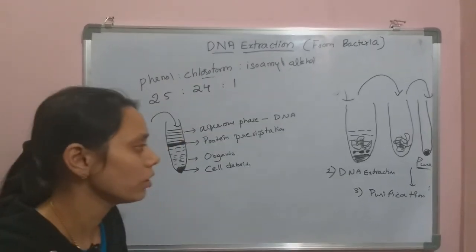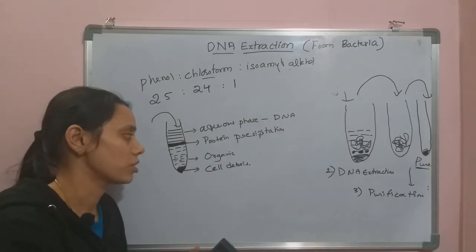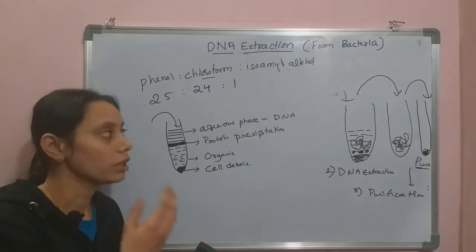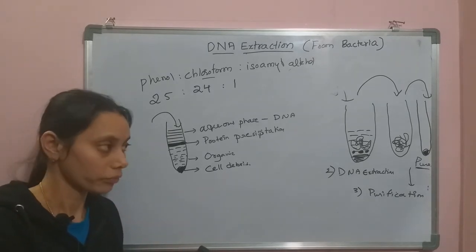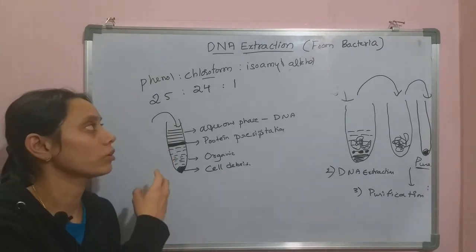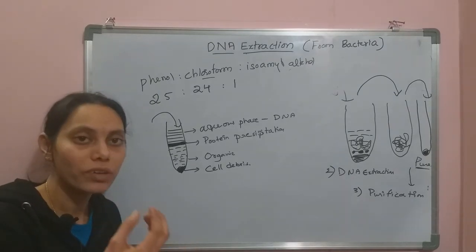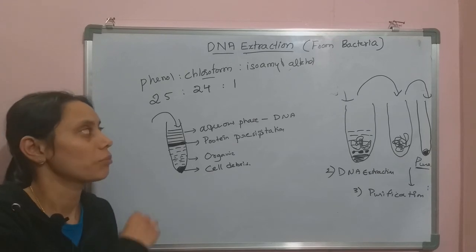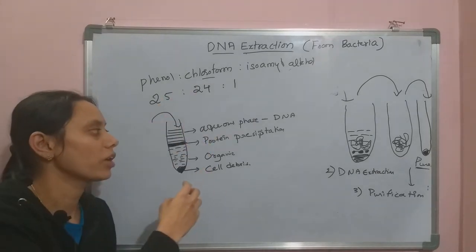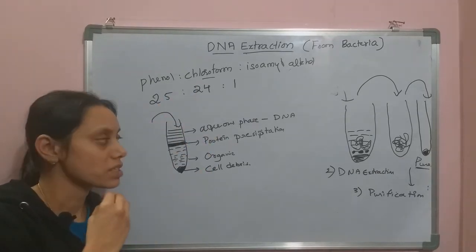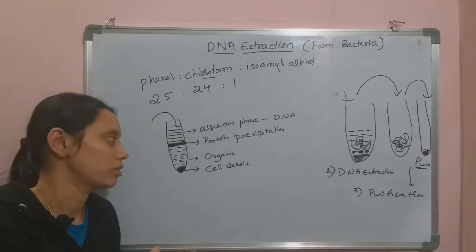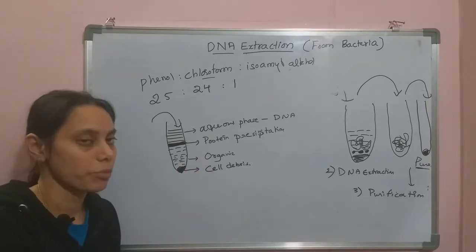And coming to the last process, that is purification. Once we treat our cells with phenol, chloroform and isoamyl alcohol, already we have cell lysis in the previous step, and during this step we are going to have the separation of biomolecules. Even the DNA will be separated.